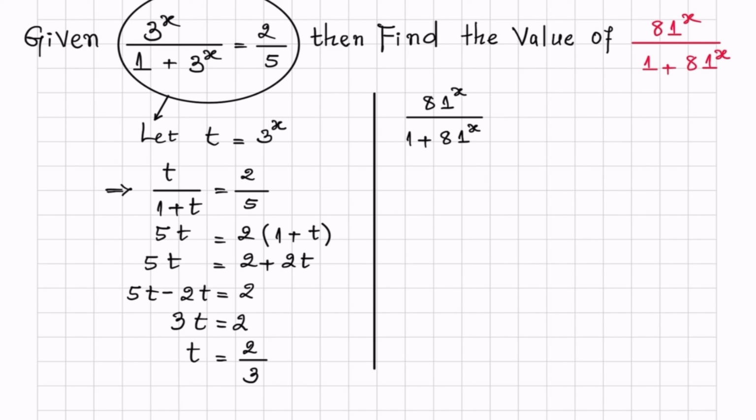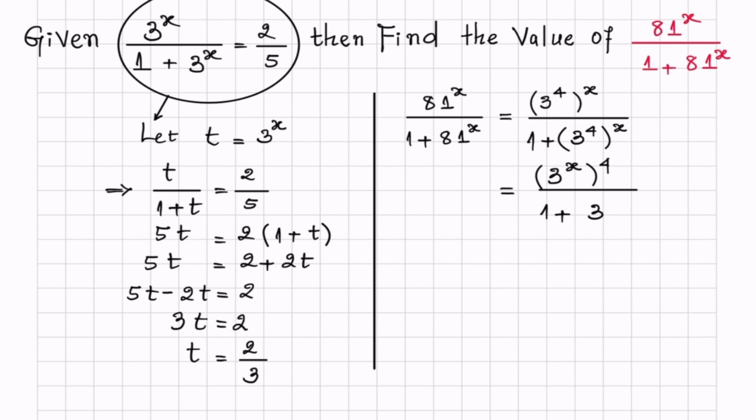So it can be written with 81 equal to 3 to the power 4, and then raised to x, over 1 plus 3 to the power 4 and then raised to the power x. So then we can write it as 3 raised to the power x, and raised to the power 4, over 1 plus 3 to the power x raised to the power 4.